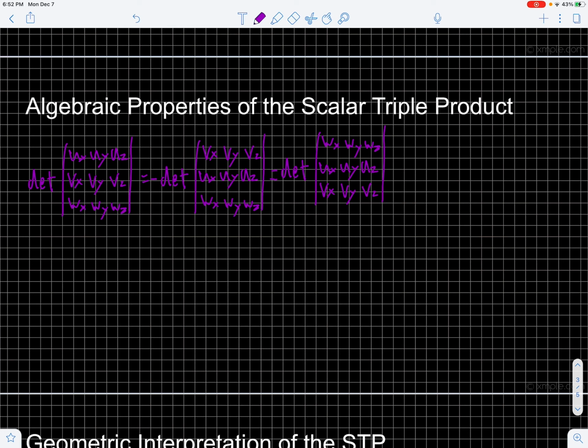So we can then infer that this determinant where u's in the top, v's in the middle, and w's in the bottom is the same as the determinant where w's in the top, u's in the middle, and v's at the bottom. So we know that u dot v cross w is the exact same as w dot u cross v.